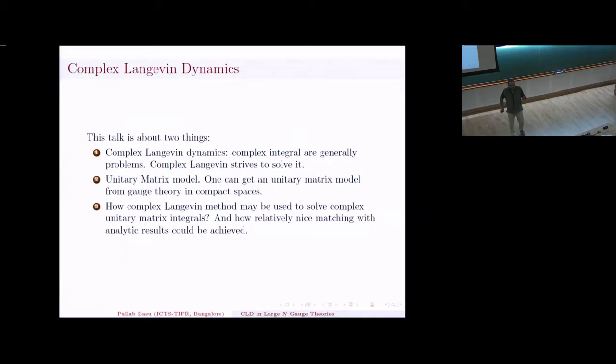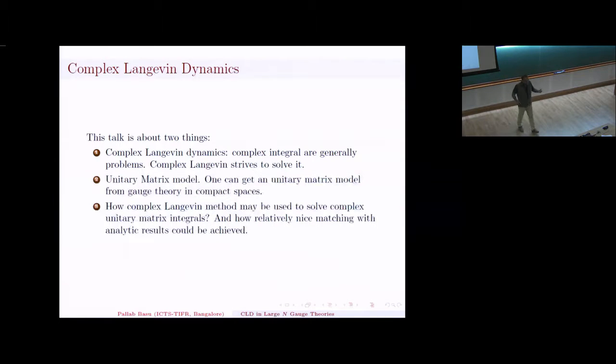Before going to the matrix model, let me give you some motivating ideas for why we're doing this. Often in quantum theory, in Euclidean signature, if you have a bosonic theory, you have a real action. But once you introduce a chemical potential, you often get a complex action.